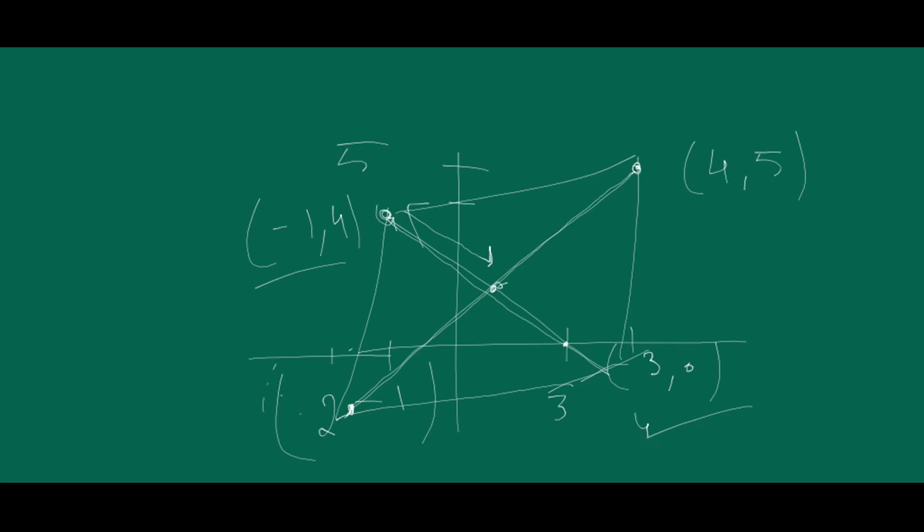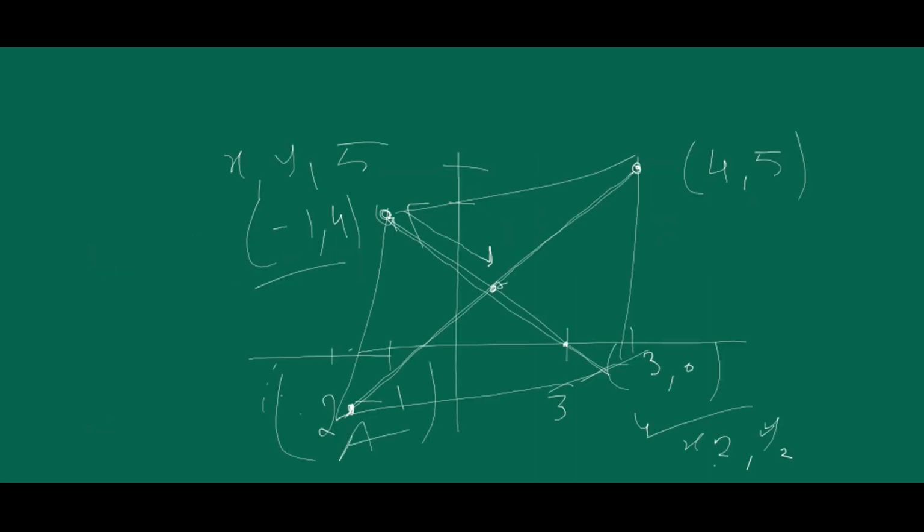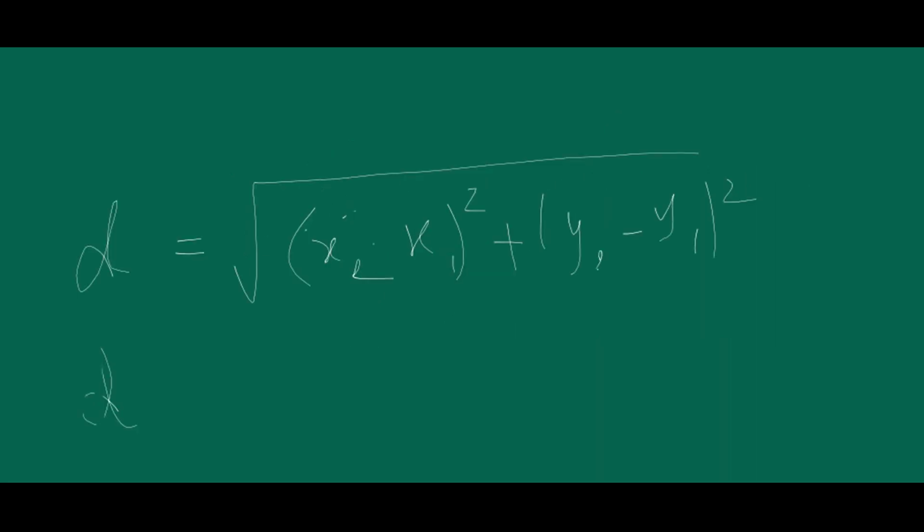Now, for the distance between these 2 points, I'll consider this as x1, y1 and this as x2, y2. Okay, try to solve it with me. Let us name these A, B, C, D. What is the BD diagonal length?